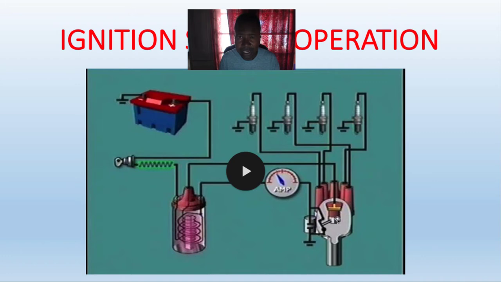This rotor is going to distribute the spark to each individual cylinder as it rotates. It's going to fire this cylinder, go to the plug. Fire this cylinder, go to the plug. But basically, that's the basic ignition system operation. It all starts with the primary ignition system being charged, and the main trigger for that, for this conventional system, is a set of points.